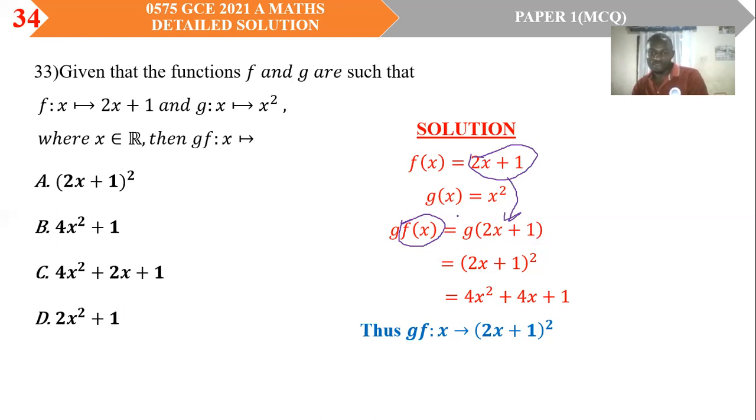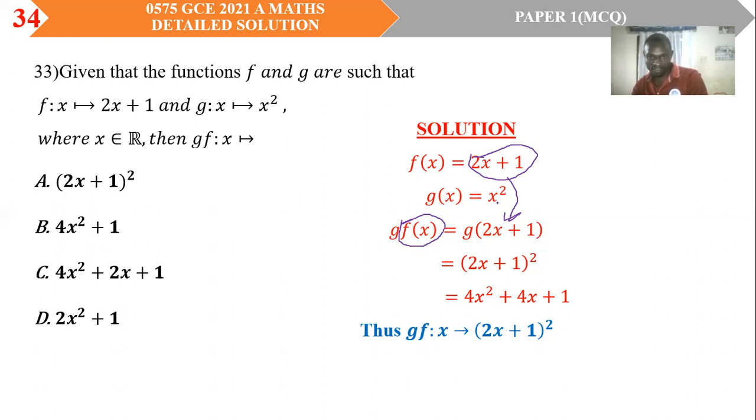Now, when we go to g of x and we replace x by f of x, we now express the f of x in g of x. And we know that g of x is x squared.